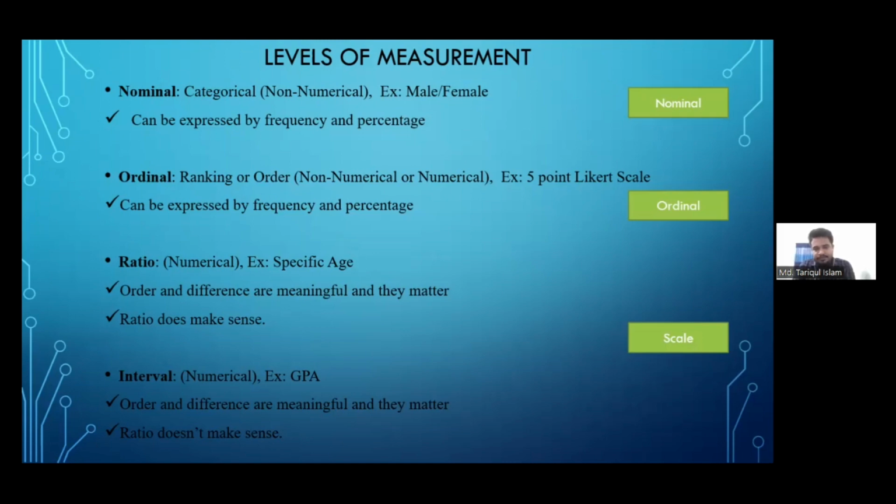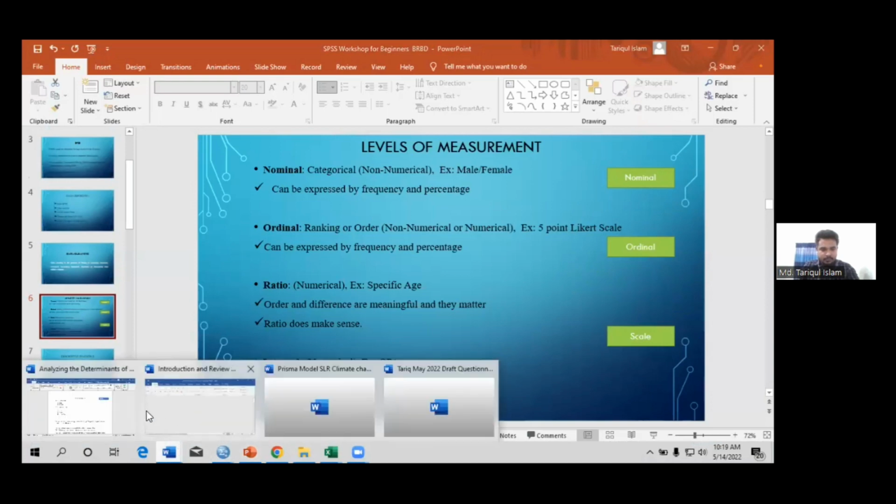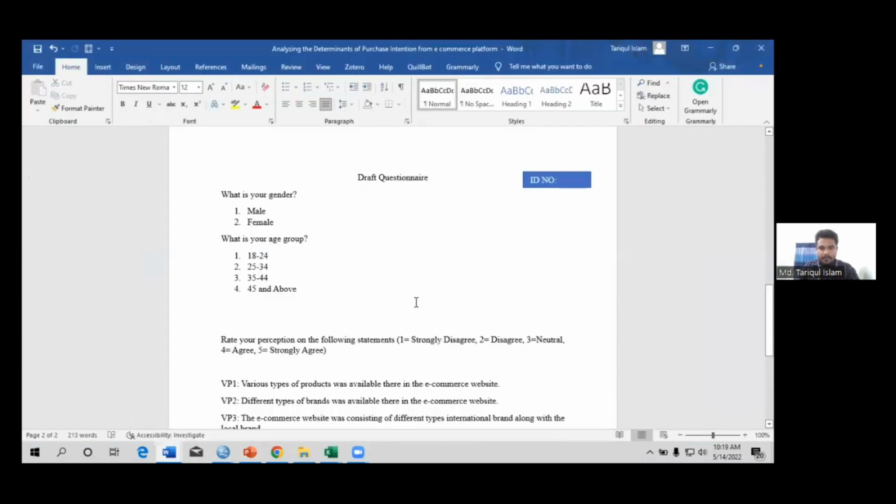but in our questionnaire, we didn't ask about the specific age. If we just look at our questionnaire, we asked, what is your age group? It should be 18 to 24, 25 to 34, 35 to 44, 45 and above.